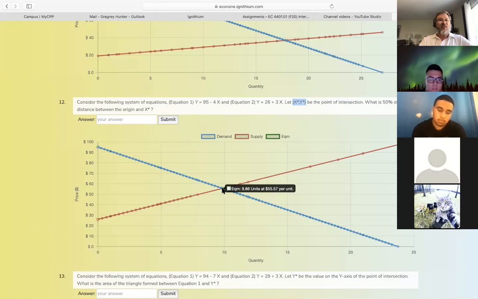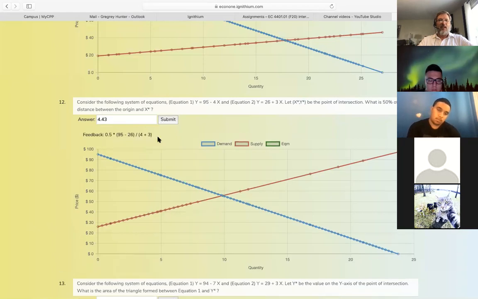Yeah, that's the x star, right? So what you're going to do is take 9.86 divided by 2, and that'll be the distance. What did you get for that value? You have your calculator? That'll be 4.43. Okay, yeah, and there we go.